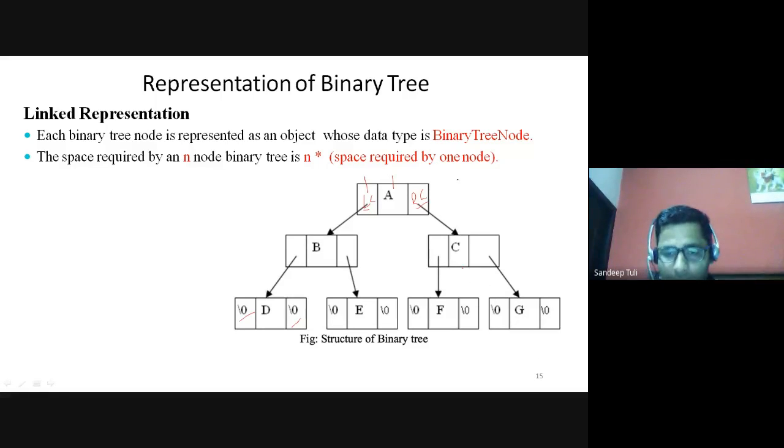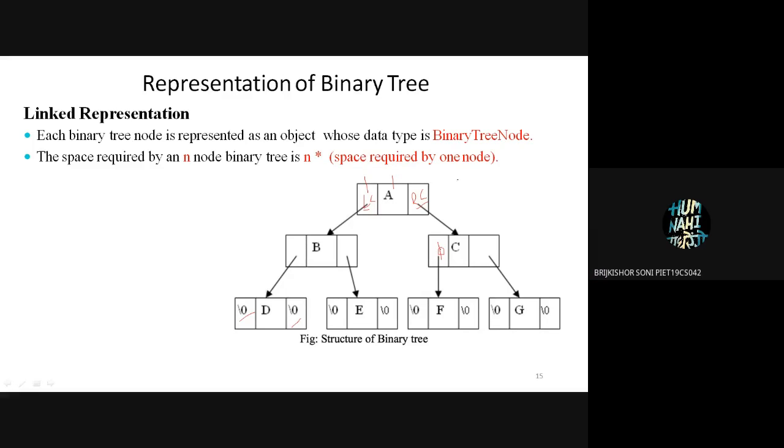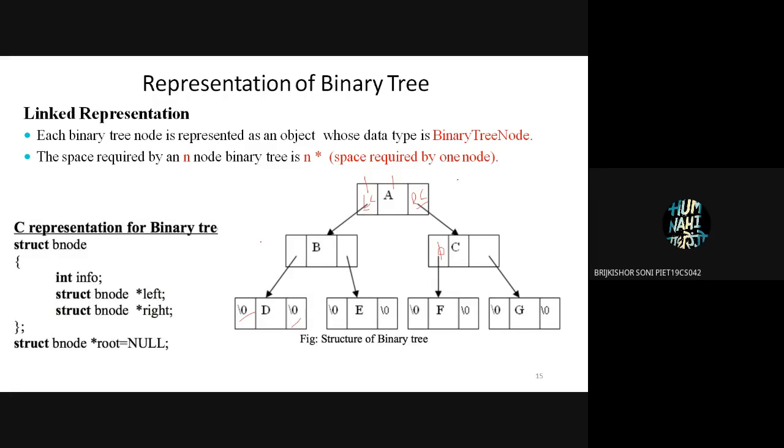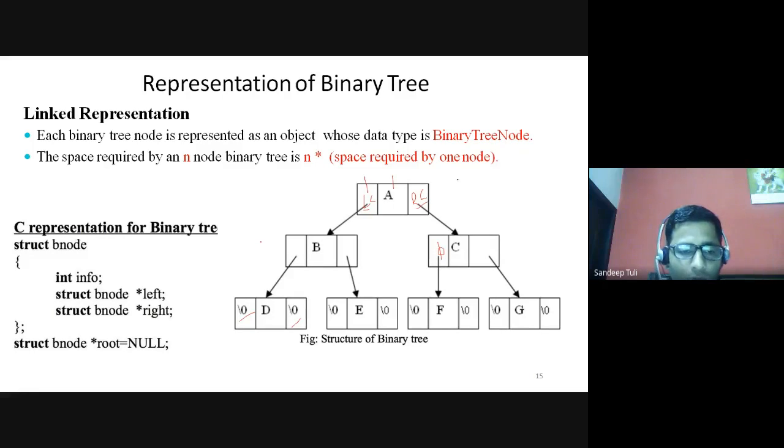So C का left child क्या हो जाएगा? Null. यदि F नहीं है तो हम बोलेंगे null होगा. यदि suppose F नहीं है तो it must be a leaf node. So it could be a structure for your binary tree.